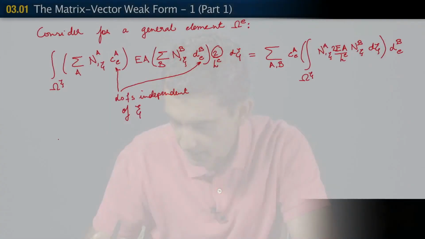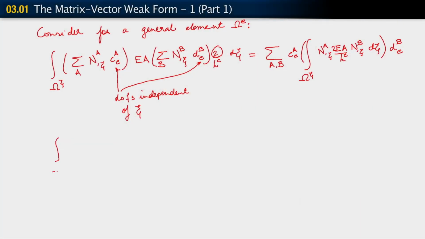That integral is the integral over omega e of the sum over a of N a c a e f a, and we get here h e over 2 dxc.